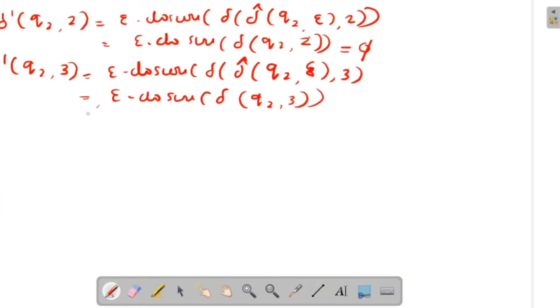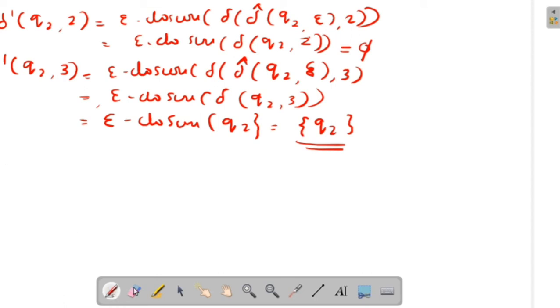So here it is epsilon closure of Q2, and epsilon closure of Q2 is equal to Q2 itself. So we have found the transitions from Q0, Q1, Q2 over the alphabets 1, 2 and 3.